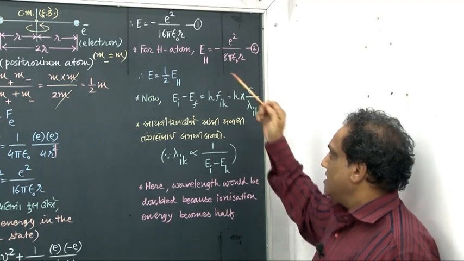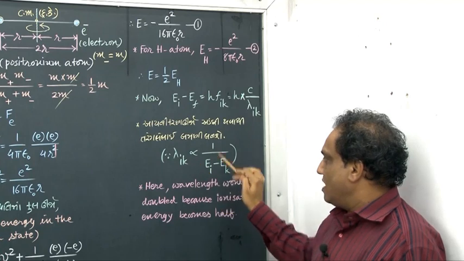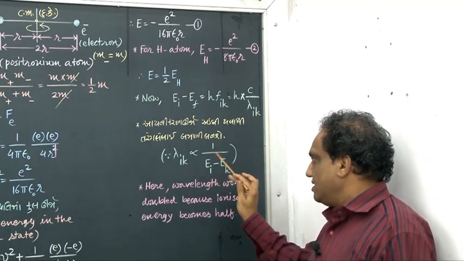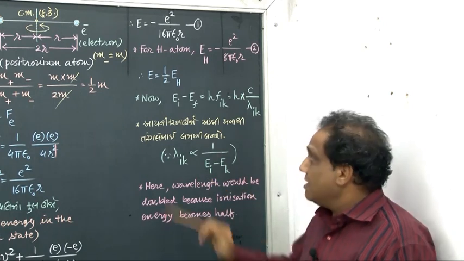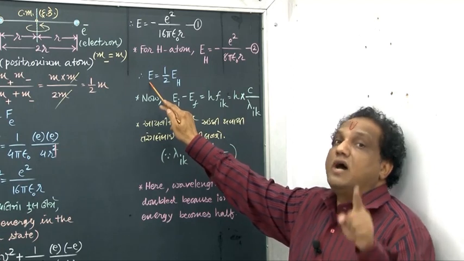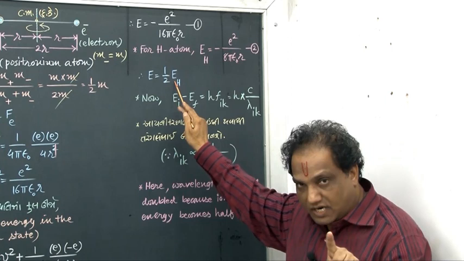Now take this lambda ik in the numerator, take this difference in the denominator. So lambda ik is proportional to 1 upon EI minus Ek. Now take this as ionization energy. Then from here we know the ionization energy for positronium atom is half of the ionization energy for hydrogen atom.